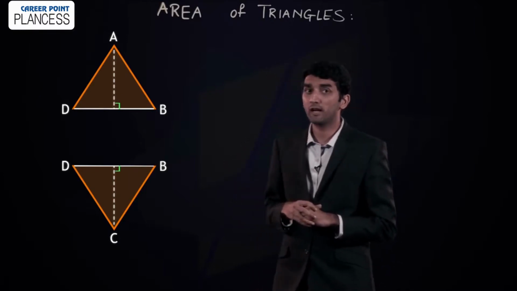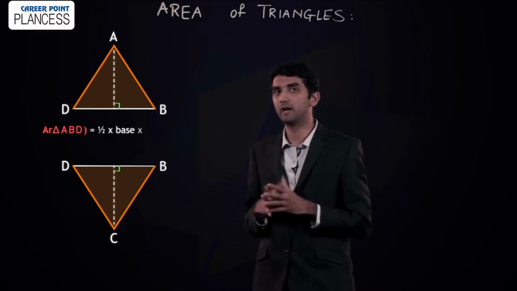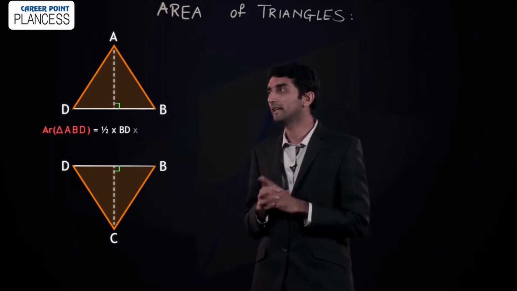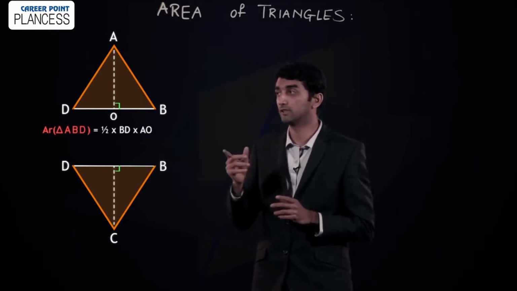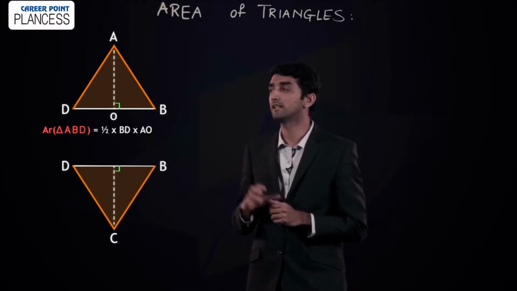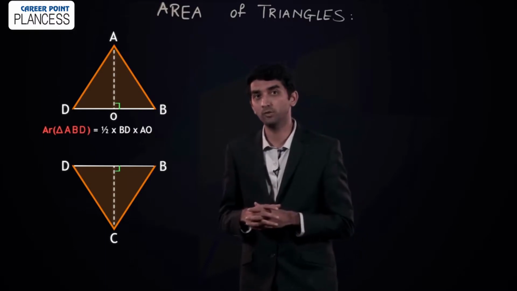Now area of triangle ABD is nothing but half into base into height. In this case it is half into BD into AO, because the corresponding height for triangle ABD's base BD is AO, since AO is perpendicular to BD.